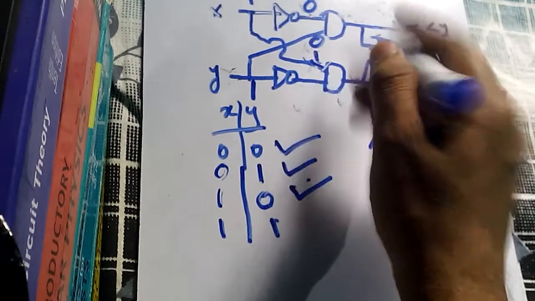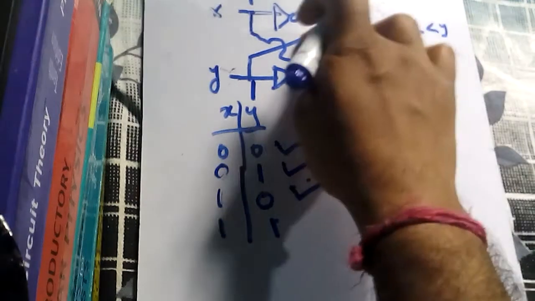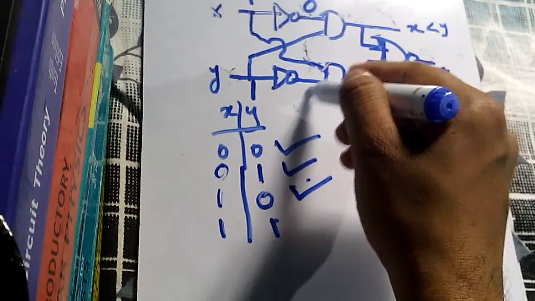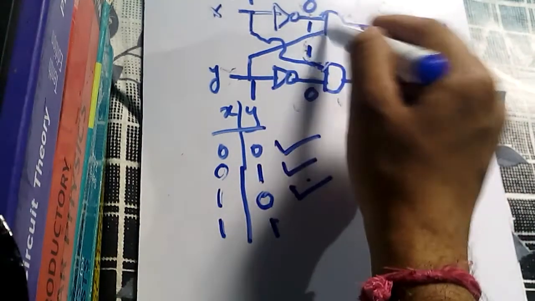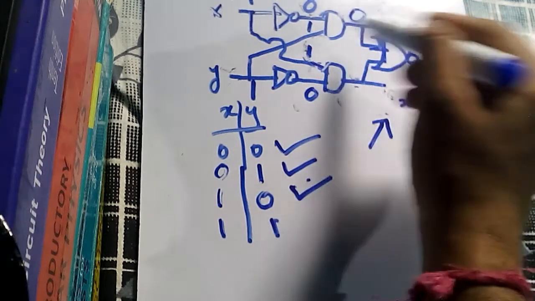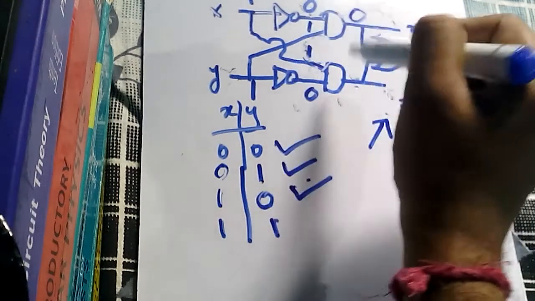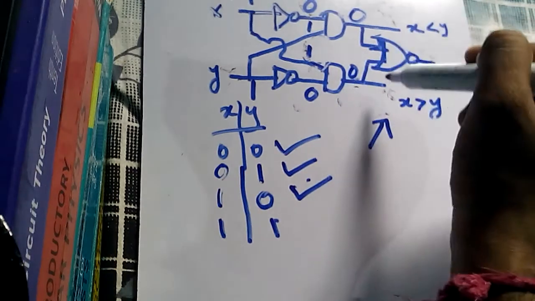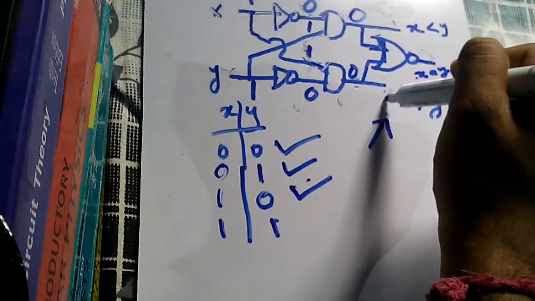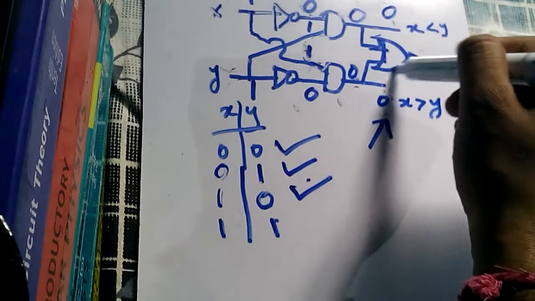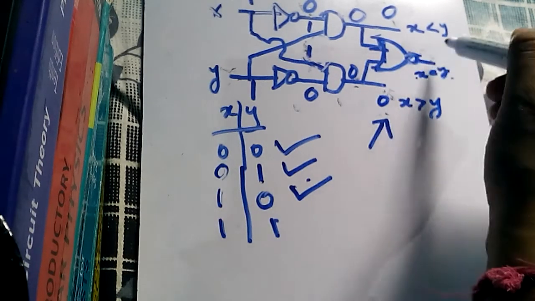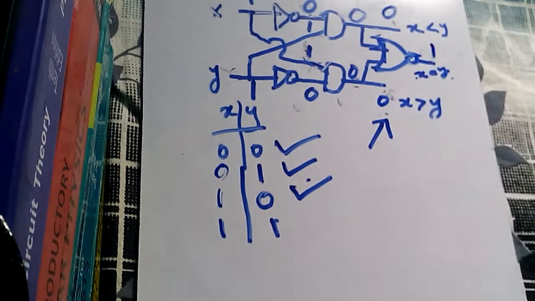Here we get 0, here you get 1, here also you get 1. In this case this AND gate will produce 0 here because one of the inputs is 0, and here also you get 0. This causes this output terminal to give 0, this output terminal gives 0, and this OR gate will produce 0, but this bubble will cause it to change to 1.